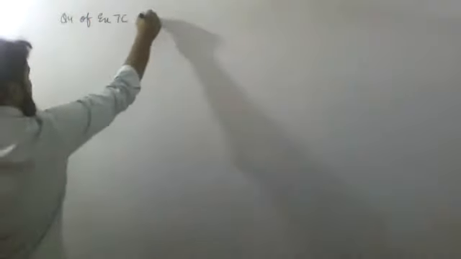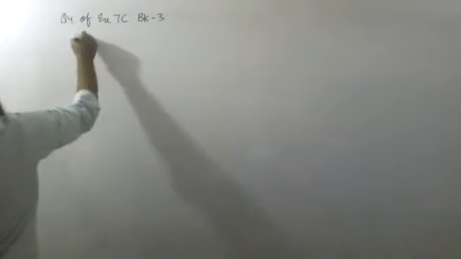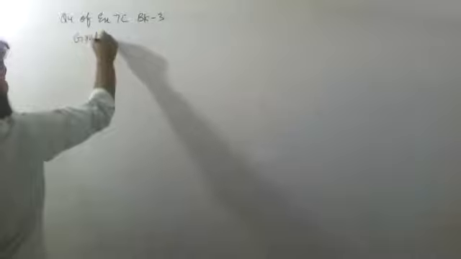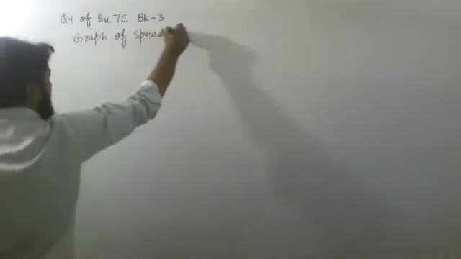Okay. Question number 4 of exercise 7C, book 3. The graph shows a speed time graph. In the question, they are showing a speed time graph, which is given in the book.